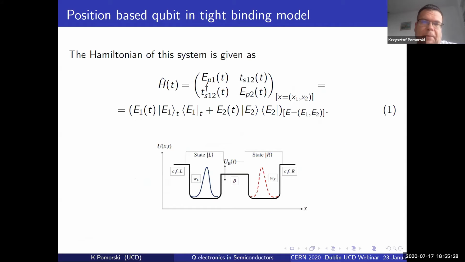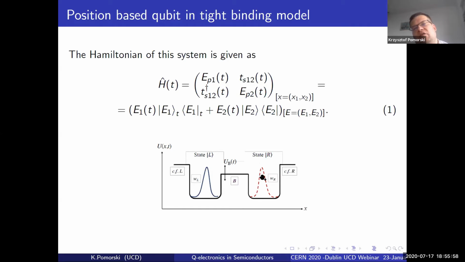All right, so now I would like to briefly describe this system by a Hamiltonian approach. I will choose the so-called tight binding model. You can see the system as two coupled resonant cavities, right? The wave or particle is either in the left cavity or in the right cavity, and those cavities are connected.